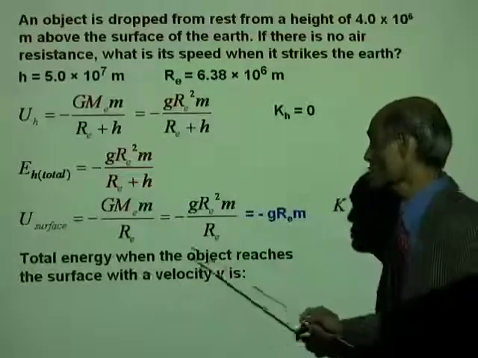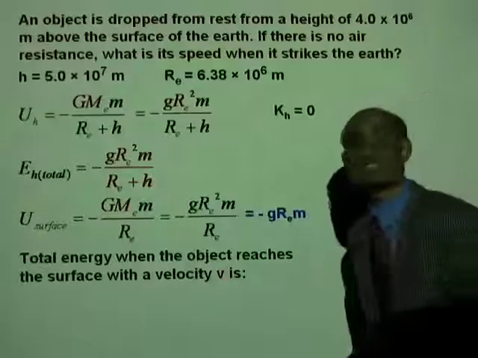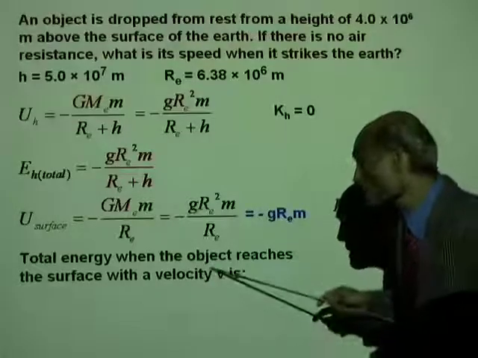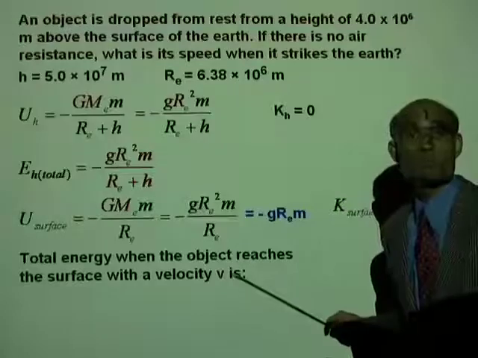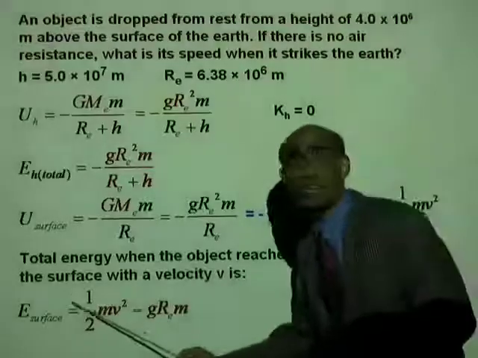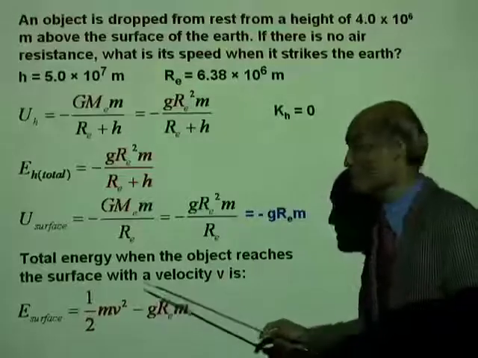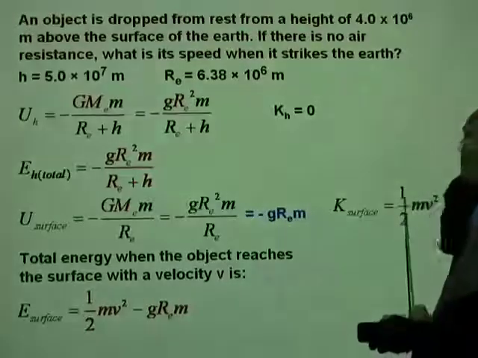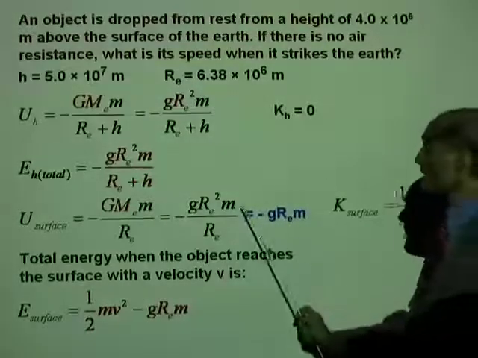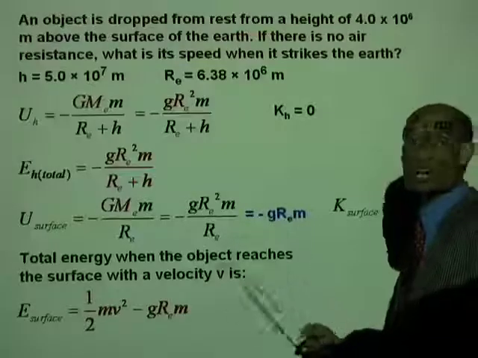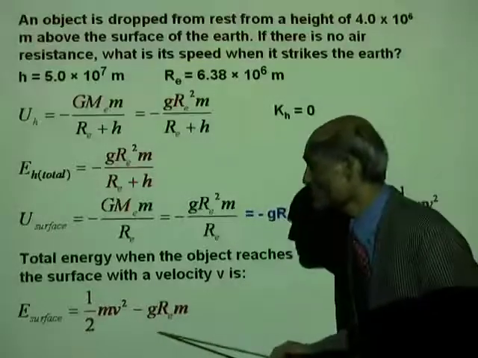The total energy when the object reached the surface of the earth with a speed v is its kinetic energy plus its potential energy: 1/2 mv squared plus negative g R_E m. It is this.